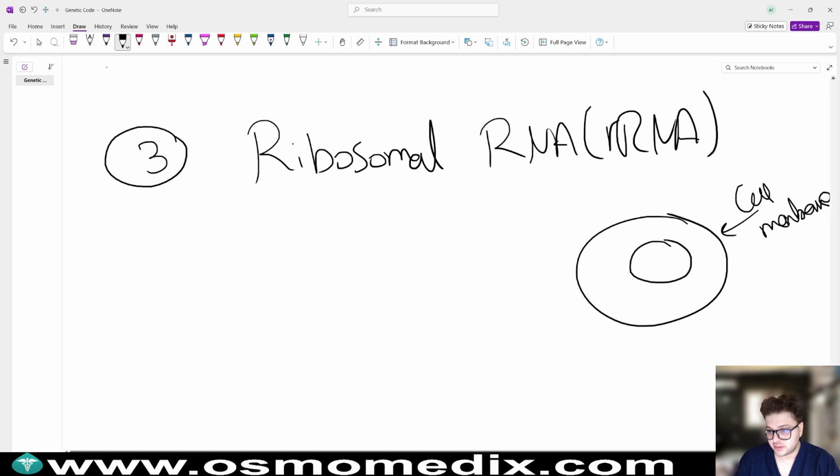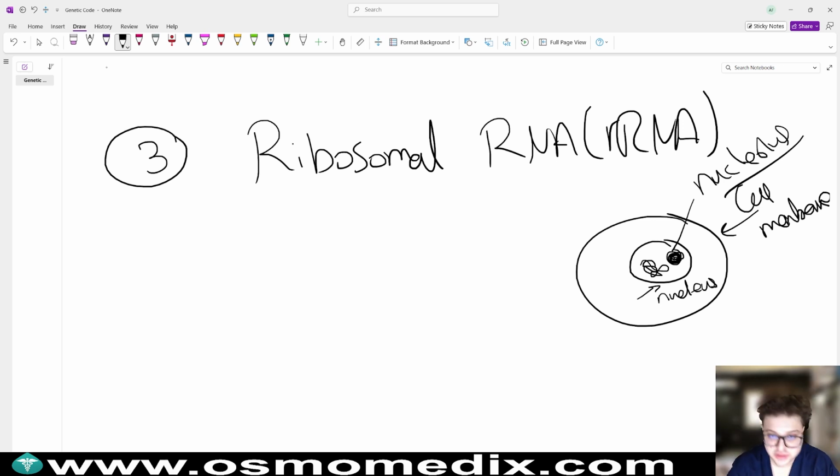This will be the nucleus, and inside the nucleus there is the DNA, of course, and the chromatin, and we have a structure called the nucleolus. Inside the nucleolus, the ribosomes are made. So the location of synthesis is the nucleolus.